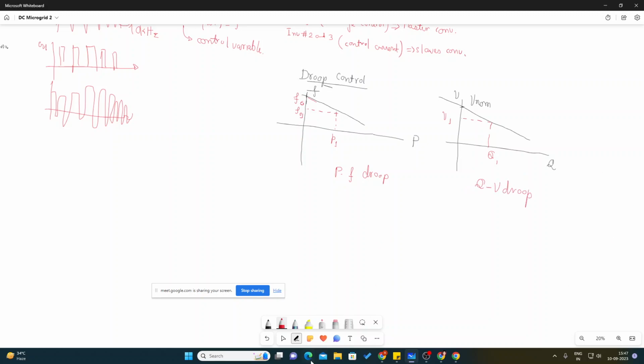Now, since all the converters are operating in this form, how it is done is, suppose you want your converter to provide P star and Q star, where P star is the active power that it will share and Q star is the reactive power that it will share.